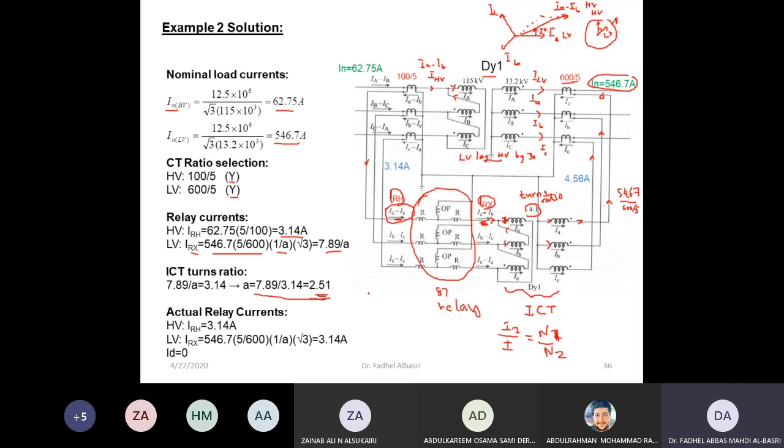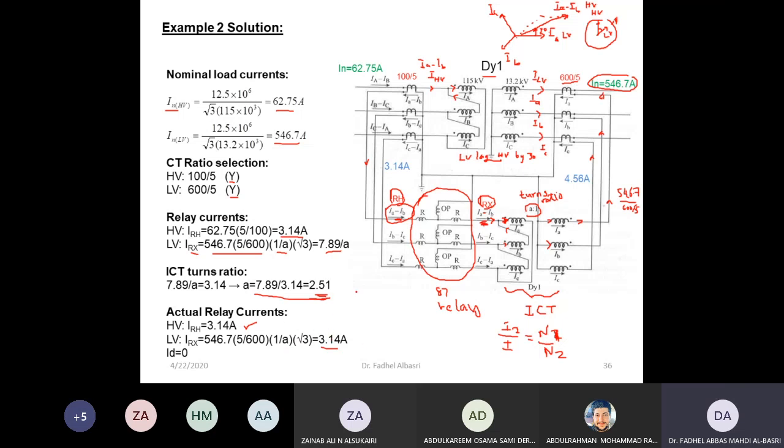So what will be the actual current at the HV side? It is the same as this because I have no interposing CT here, and the actual secondary side will also be the same if I choose exactly the same ratio, if it's available. But if I choose 2.5, there will be a small differential current.